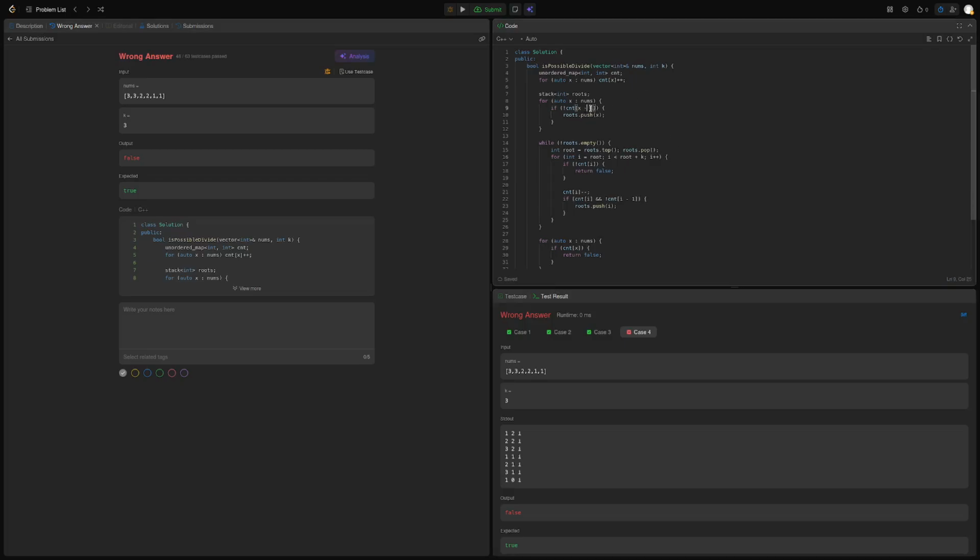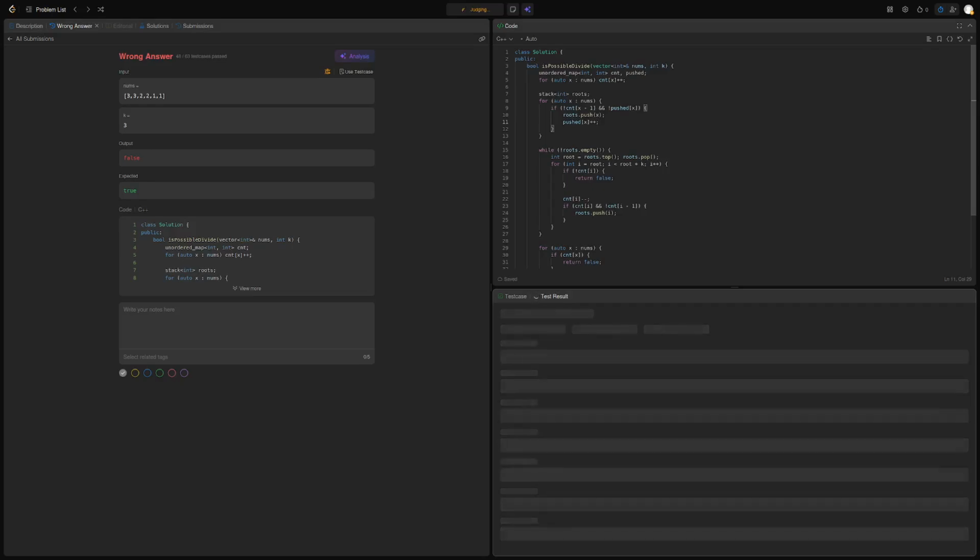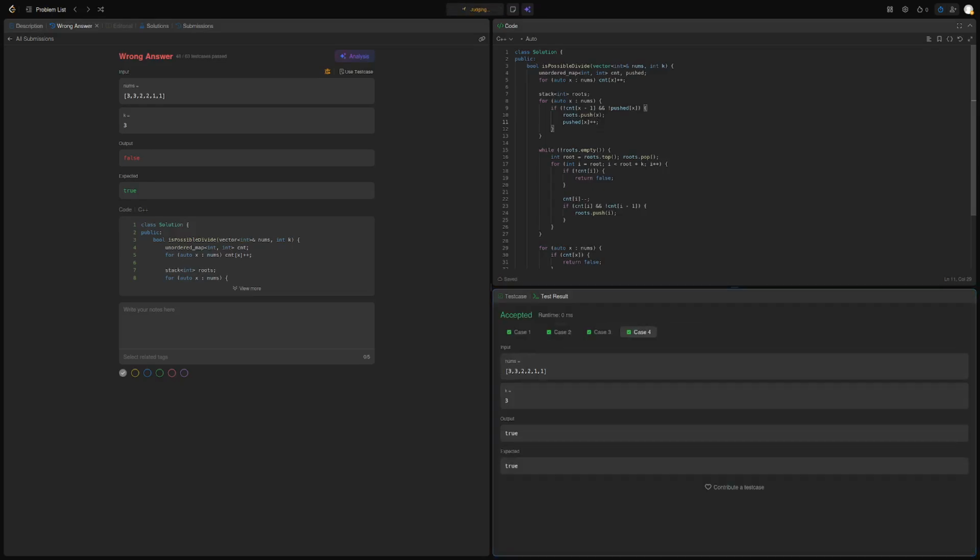So technically, we should have this, not pushed x, and then pushed x plus plus. Yeah, that should work. What?